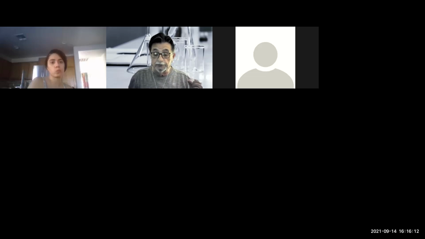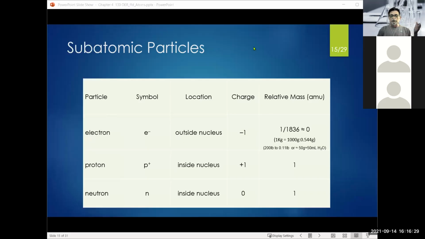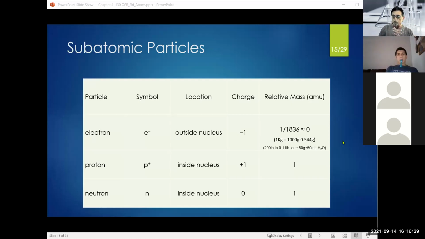Let us continue with chapter 4. We've been talking about the elements. We previously finished talking about the subatomic particles: the electron, the proton, and the neutron. Keep in mind that the electron is a negative charge, the proton is a positive charge, and the neutron is neutral.